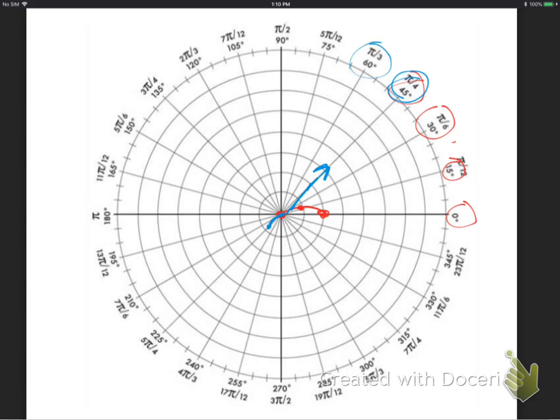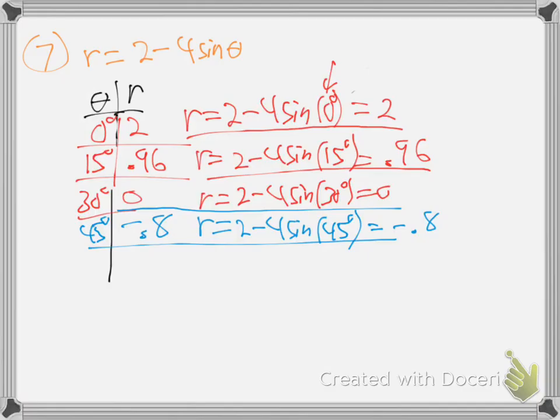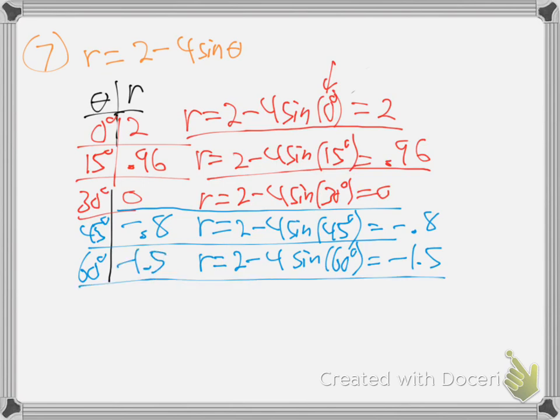60 degrees. R equals 2 minus 4 sine 60. I'm getting negative 1.5 basically. Good enough. Negative 1.5. Backfire 1.5 when aimed at 60 degrees.